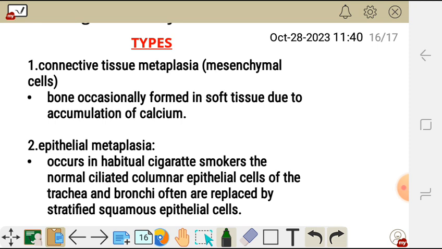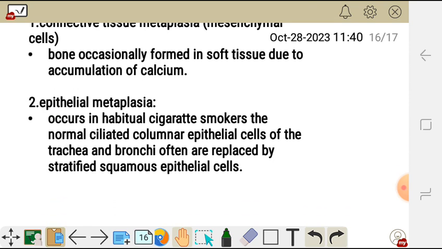Then the other type is epithelial metaplasia. So we have connective tissue metaplasia and epithelial metaplasia. Epithelial metaplasia occurs in habitual cigarette smokers, those who frequently smoke, where the normal ciliated columnar epithelial cells of the trachea and bronchi are often replaced by stratified squamous epithelium.